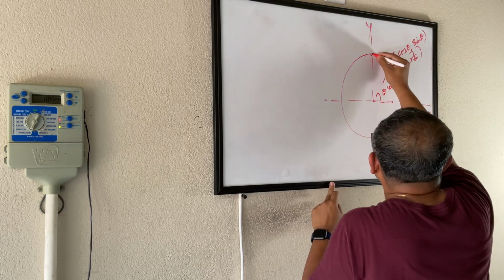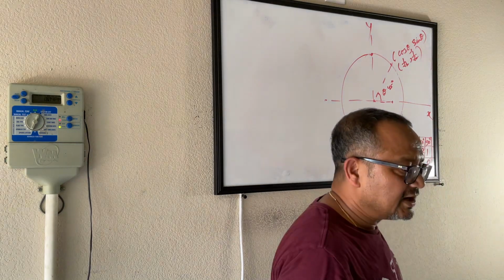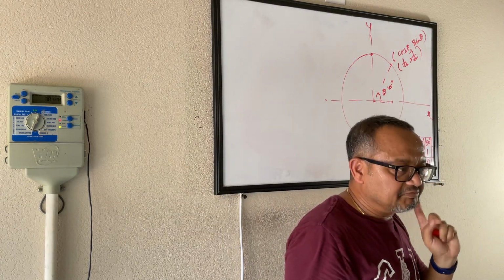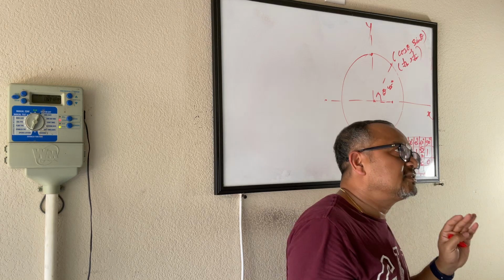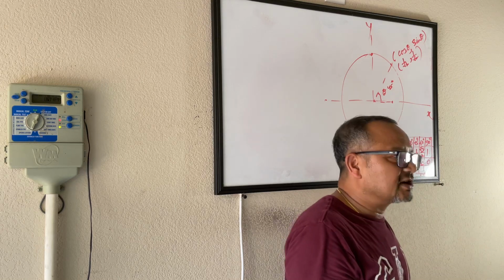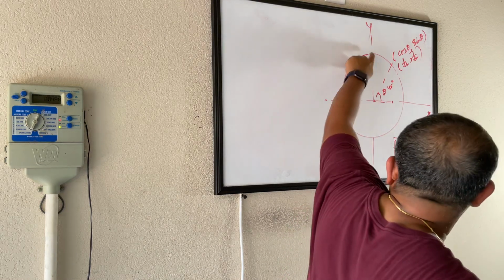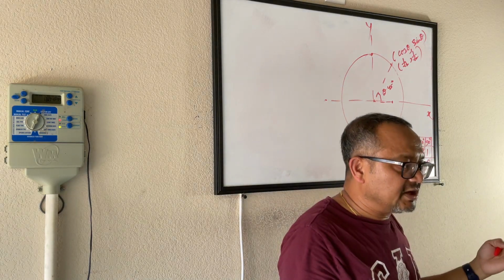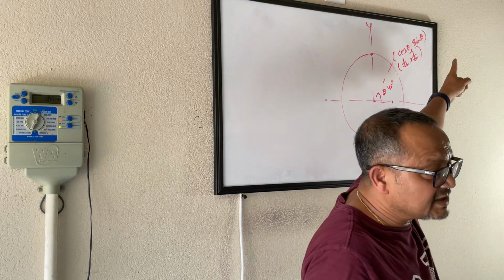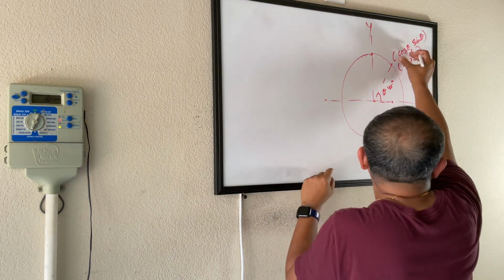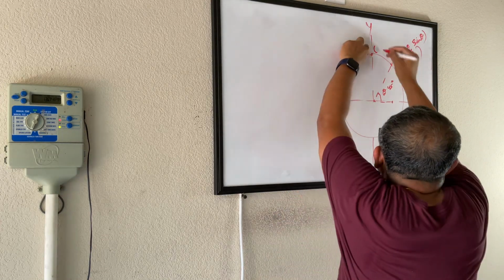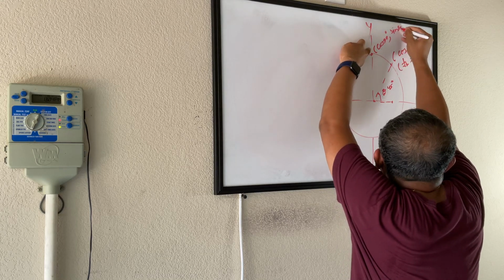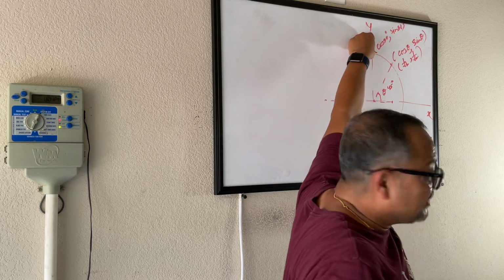If you go to this point, look at the correctness of this trigonometric ratio, or unit circle trigonometric concept. Whichever point you're talking about, it has to be cos theta and sin theta as the x and y coordinates. So cos 90 degree and sin 90 degree will be the x and y coordinates when you are making 90 degrees.